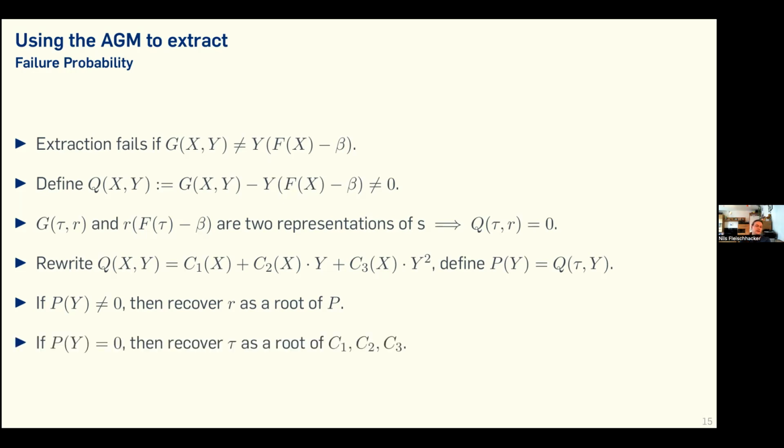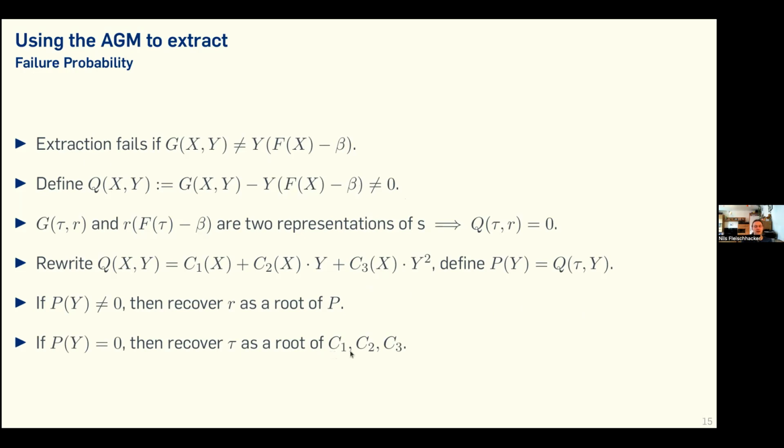On the other hand, if this polynomial p is actually a zero polynomial, then that's interesting, because that tells us that C1, C2, and C3 must all be 0 at position tau. But we know that at least one of them is not a zero polynomial, because otherwise the whole polynomial would be a zero polynomial, which we know is not the case.